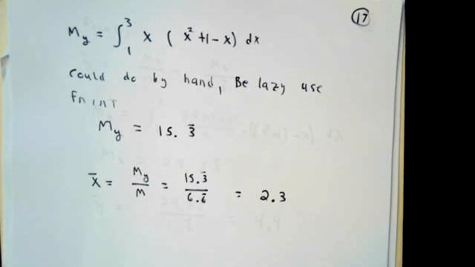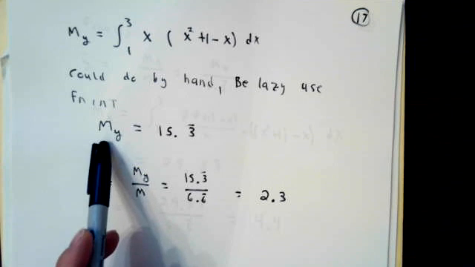So I could do this by hand. I could multiply it out and find the antiderivative of x cubed plus x minus x squared, put in 1 and 3 and subtract, but I was feeling lazy, so I hauled my calculator out and did it with the numerical integrator.